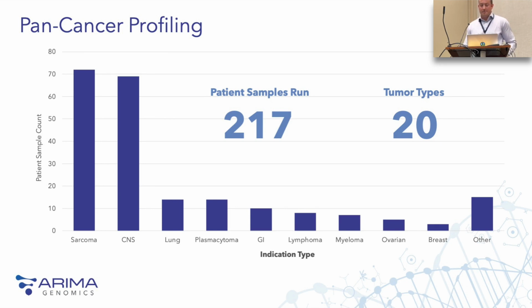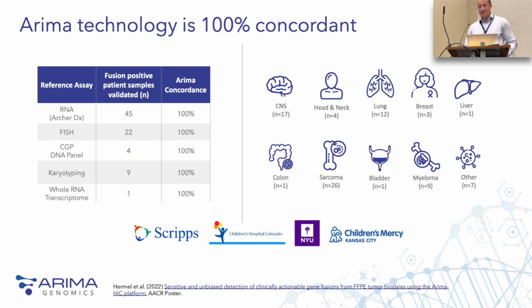Most of these are coming from sarcomas or CNS tumors, just due to the nature of the collaboration that we have with Dr. Snuderl and a few other collaborators, but we also have lung, some of the solid hemes like plasmacytomas and lymphomas, GI, breast, and others.